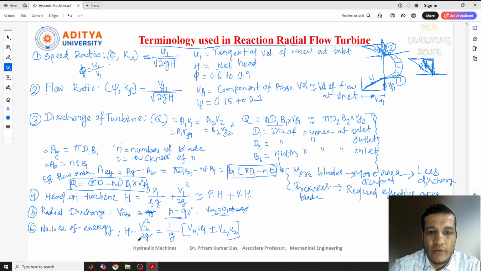So these are some terminology used in the reaction radial flow turbine. Along with that, as I told you, there is the ratio of width.